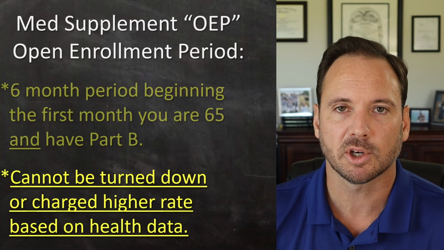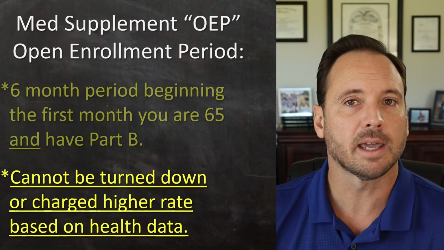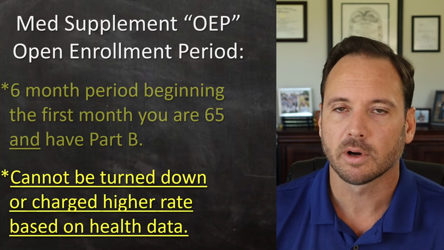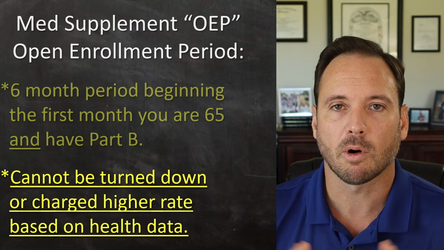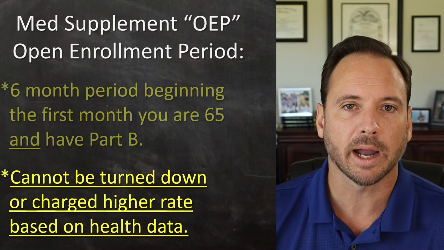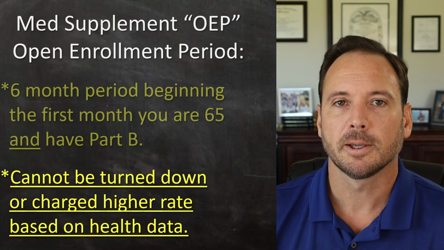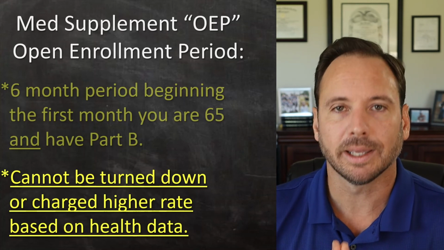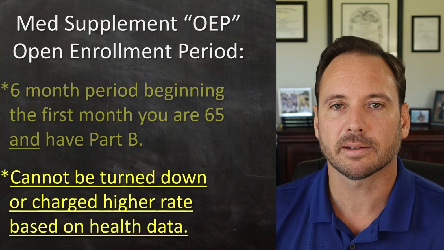They have to accept you, and they have to give you their most competitive rate in your market. Okay, and then once the 6-month window is over, they can never drop you unless you don't pay your monthly premium. So every Medicare Supplement plan is required to be what's called guaranteed renewable, and all that means is they can never drop you unless you do not pay your monthly premium. That is Medicare Supplement in a nutshell.